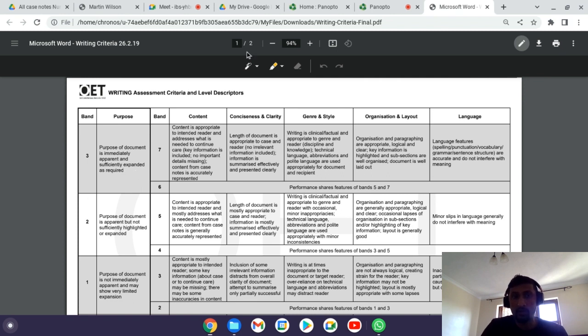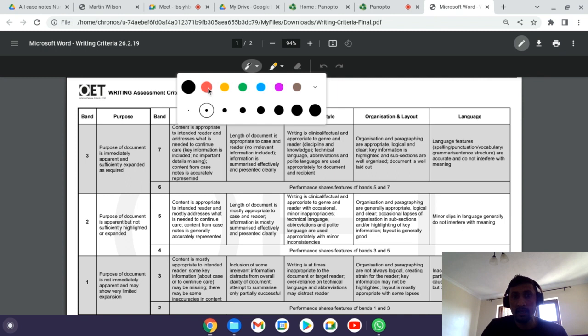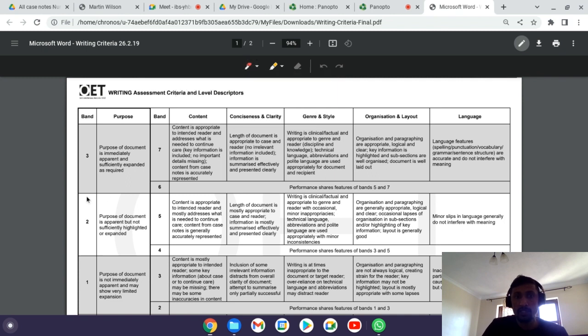I don't want you to look below this bar. That's not for you. That is for scores less than 350. You are only concentrating on this part of the writing assessment.